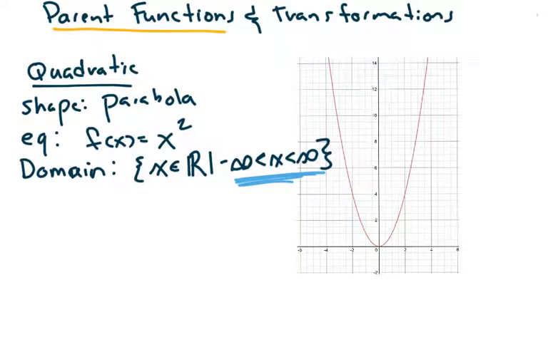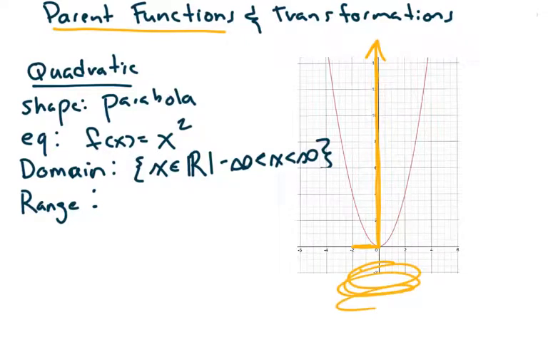The range of this function is all of the y values that you're going to get out. If we look at the y-axis, it starts right here at 0, and then it goes all the way up. Negative values aren't going to happen, and that's because you're squaring something. Any number squared, whether it be negative or positive, is positive.